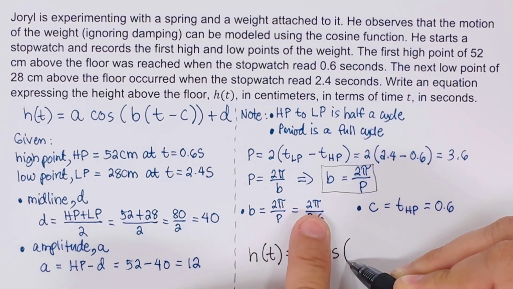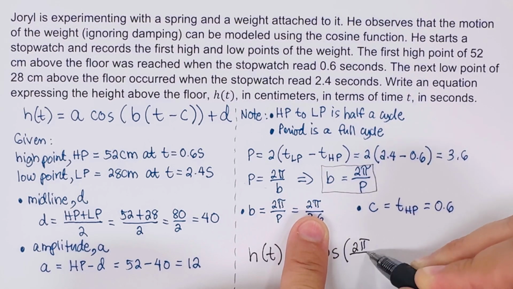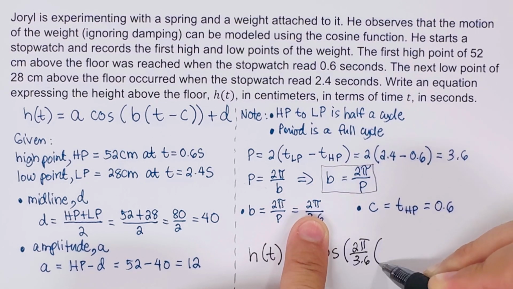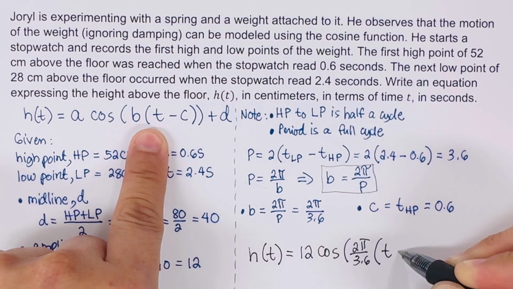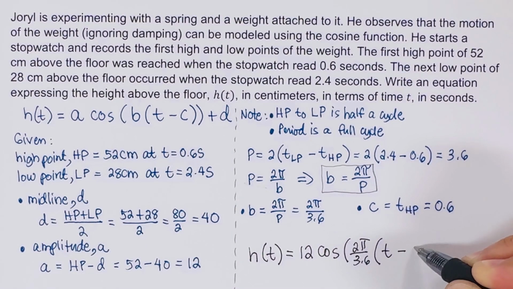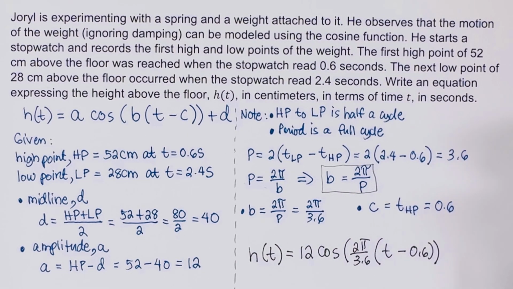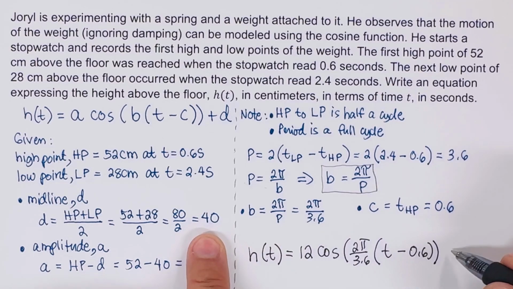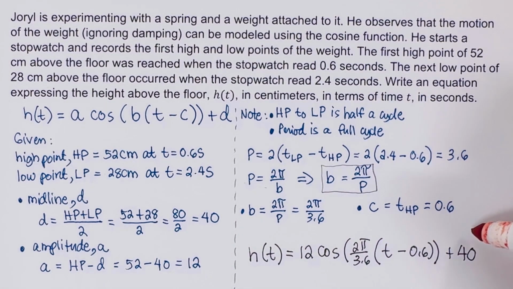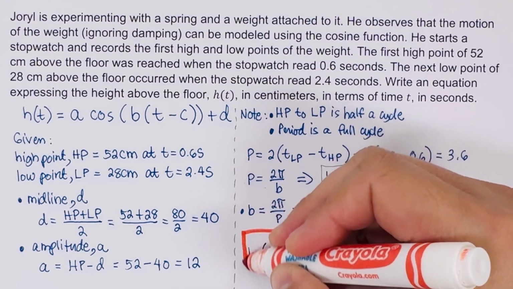Our B is 2 pi over 3.6. Then we have t minus the C, which is 0.6. And then we have a D of 40. So that's a plus 40 down here. So this is the equation that would work for the given problem.